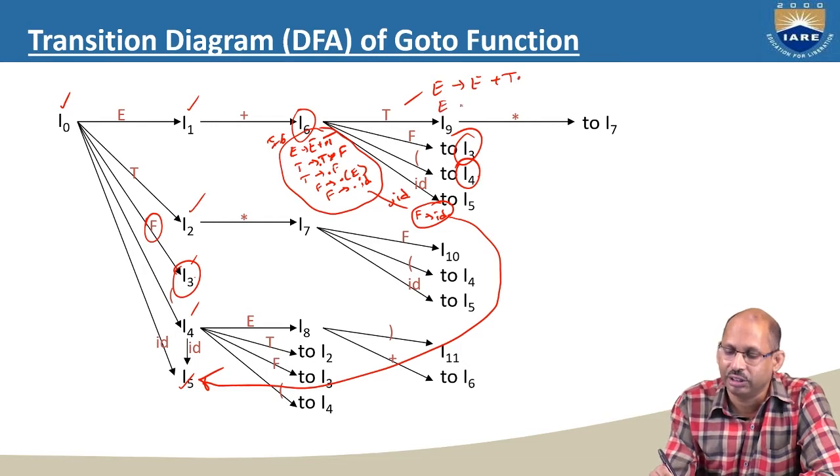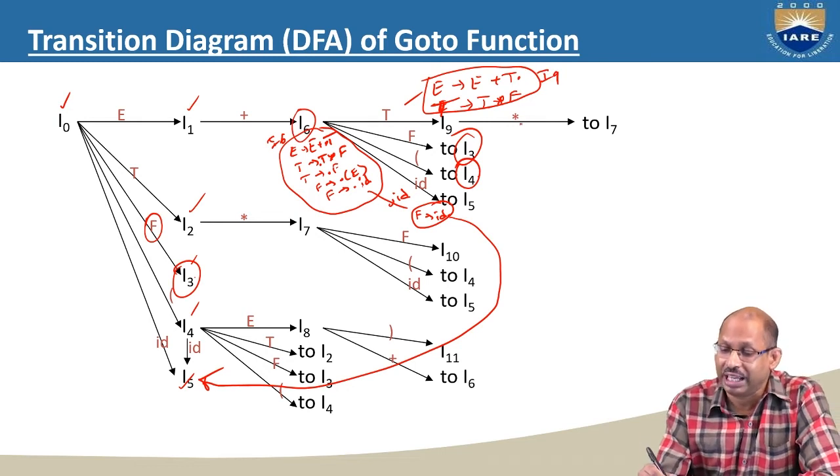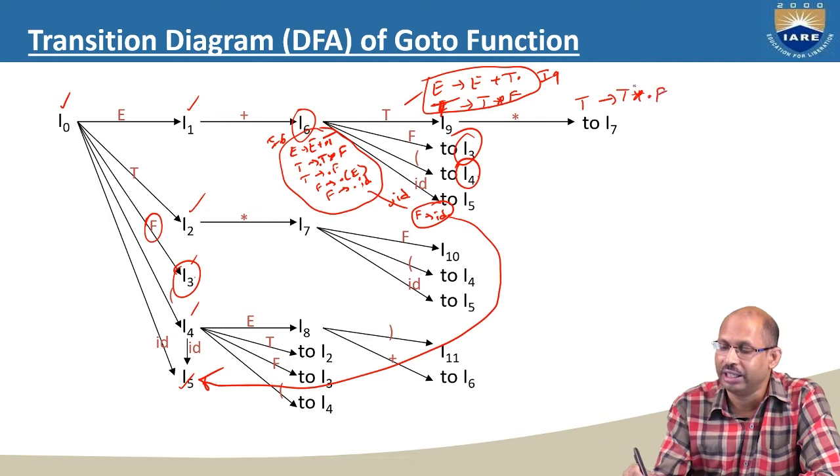Then T gives T dot multiplication F. So this is I9. This I9 has multiplication. So on multiplication, what does it give? T gives T multiplication dot F. This is nothing but I7.